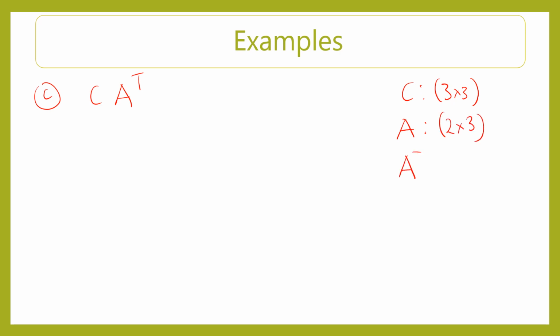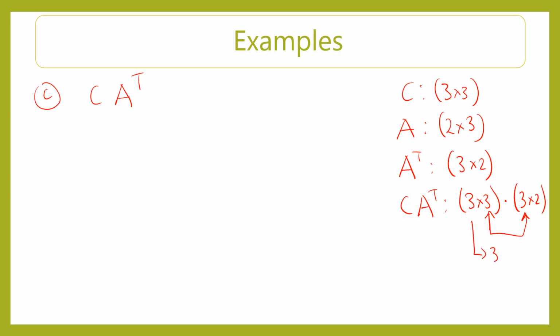So A transpose, the size will be 3 by 2. So the question would be, can I multiply C by A transpose? Which would mean I'm multiplying a 3 by 3 matrix by a 3 by 2 matrix. The answer is yes, we can do this multiplication. Remember, the number of columns in C is the number of rows in A transpose. So the product will be 3 by 2.